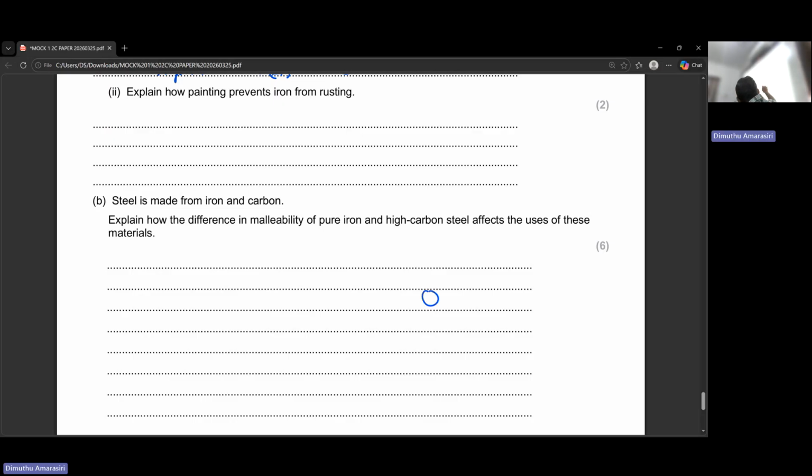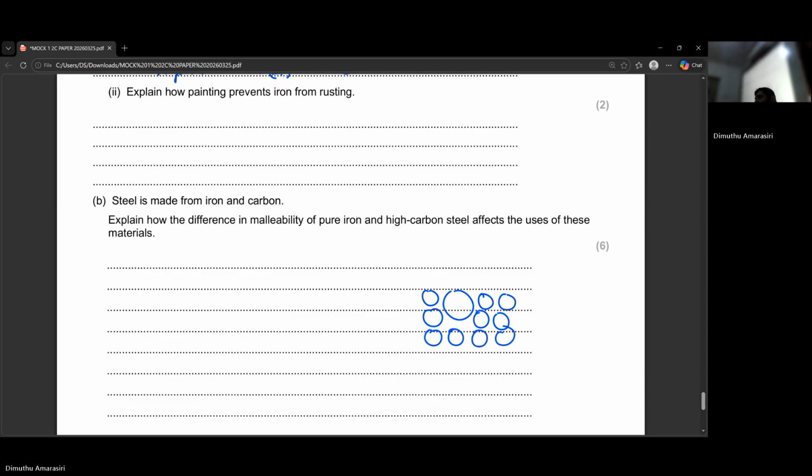Now you have to tell why steel is less malleable. You have to say that due to the presence of different size atoms in steel, the sliding of layers is not easy. Steel is much harder as it contains different sized atoms.